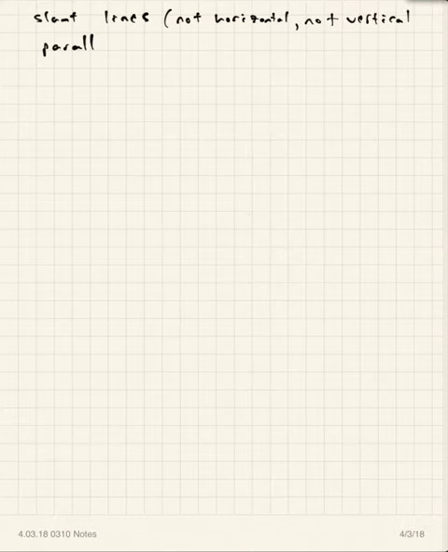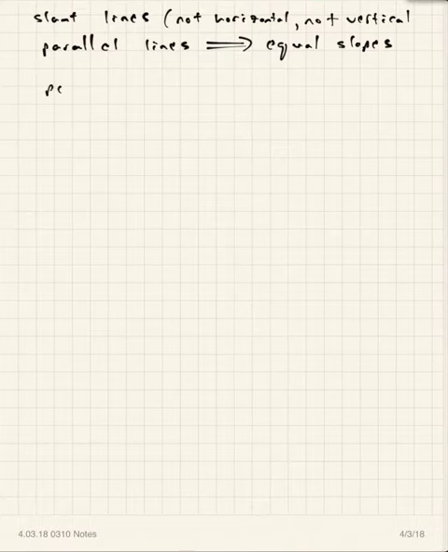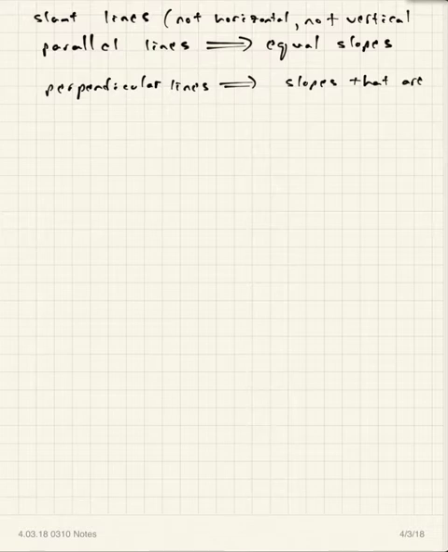So if you're talking about slant lines, parallel lines, lines that do not intersect, always have equal slopes. And perpendicular lines, lines that meet at right angles, remember, but remember, not horizontal or vertical. Perpendicular lines always have slopes that are opposite reciprocals. Okay, that's different.